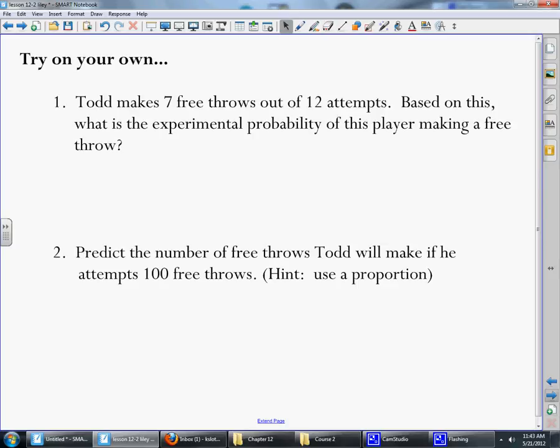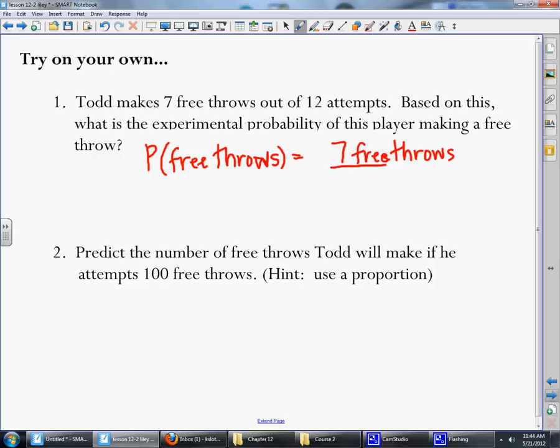Okay, so we want to know the probability of free throws. So we're going to put free throws over attempts. So we have 7 free throws over 12 attempts.